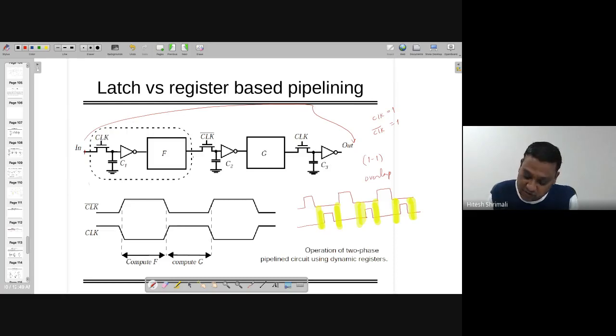So this solution is known as non-overlapping clocks. So rather than what has been used over here, we can use this structure to avoid the problem. This is the easiest one.